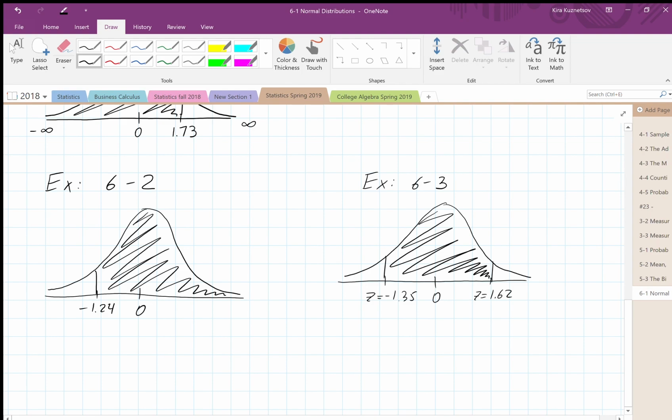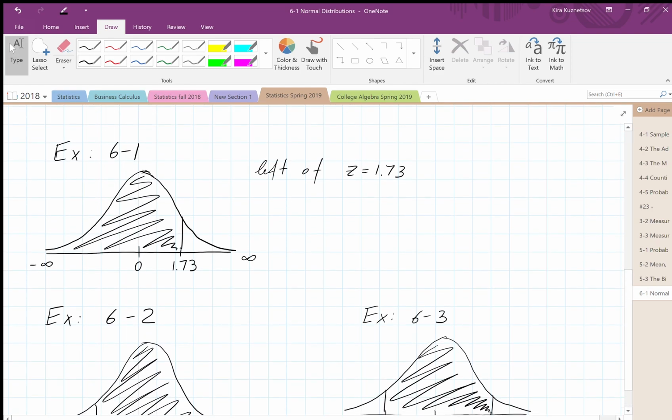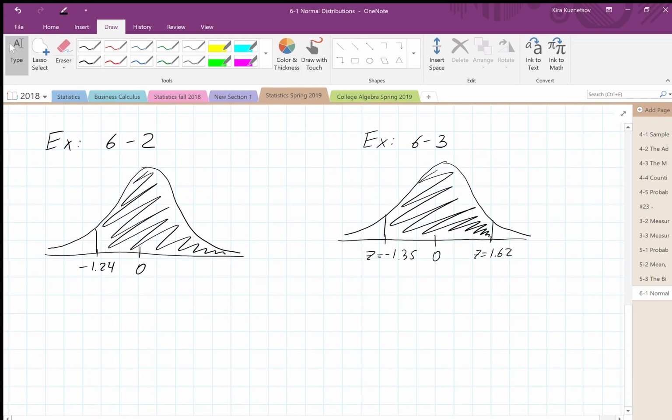Okay, after putting this into a calculator, the numbers that we are going to expect is 0.9582 for example 6-1. The numbers to expect for 6-2 is 0.8925, and the number for 6-3 is 0.8589.